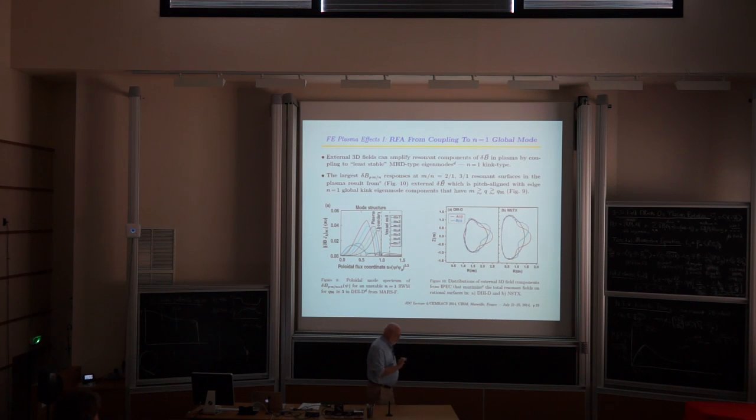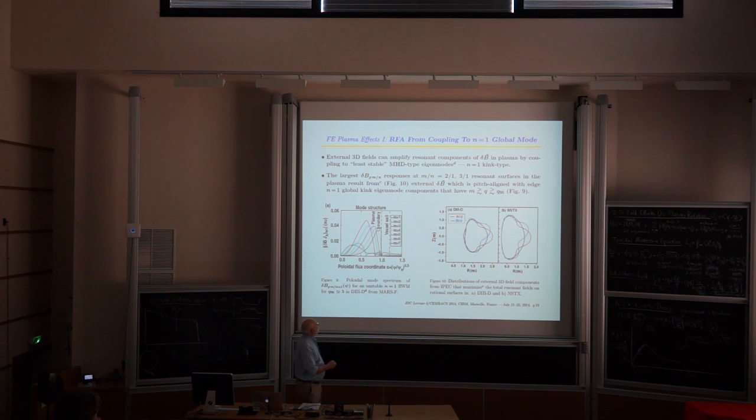Because you're going to couple to the least stable kink mode. And the least stable kink mode may be a toroidal mode number of 1, but down in the core of the plasma, it might have a poloidal mode number m of 1 or 2, but out near the edge, the q value, the m over n, is up to 5, 6, 7, 8.